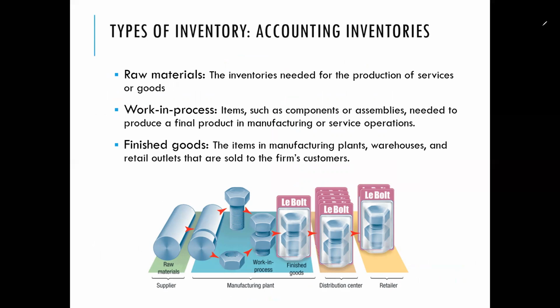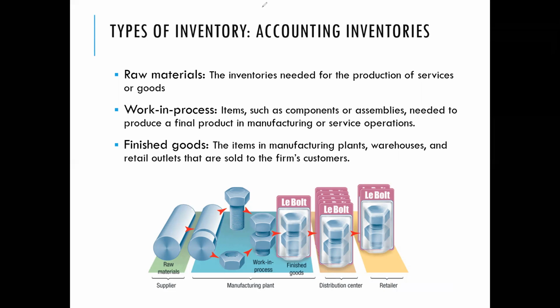In terms of types of inventories, I will first go through the accounting inventories. So generally, when you open up a balance sheet of any organization, you find these three types of inventories, which are raw materials, work in process, finished goods.